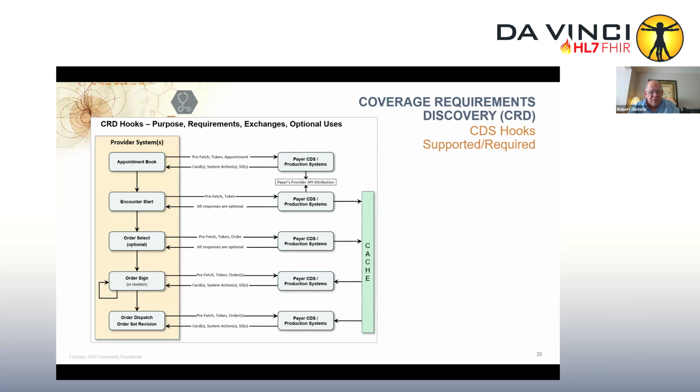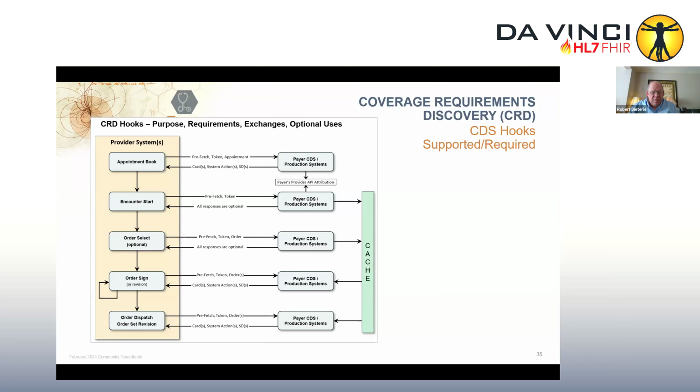certain patients' information. It also allows you to do what we basically call cache or pre-stage information necessary to respond in real time to, in this case, we'll talk about the order sign. So the payers now know that one of their members is being seen by a provider.